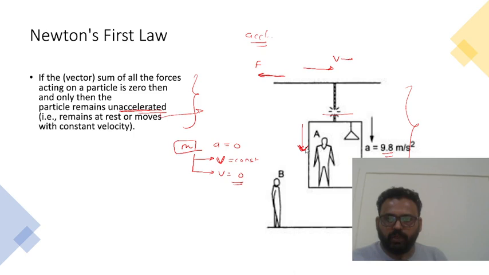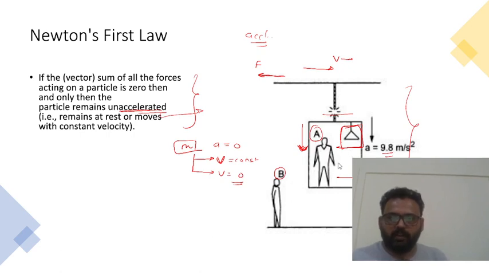It's downward. Now, there are two points of view, the point of view of person A and person B. Let's take the case of person A. What will person A think of this lamp? From his point of view, this lamp is unaccelerated. Correct? Right?